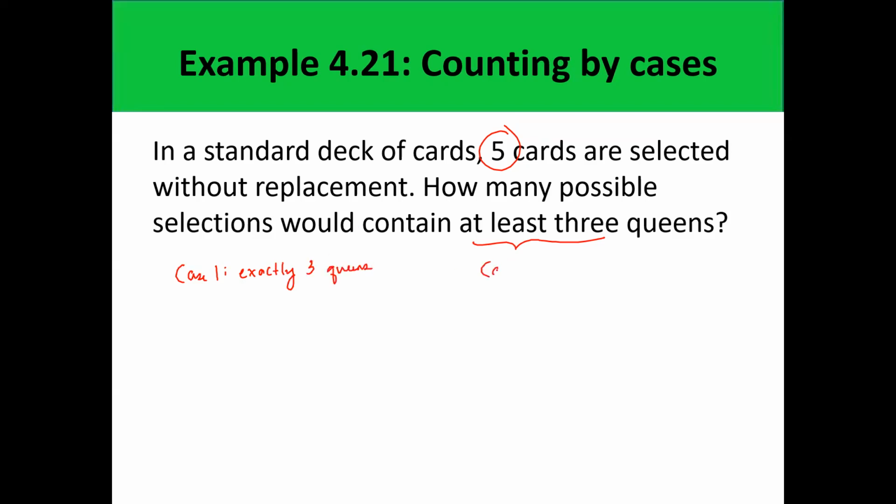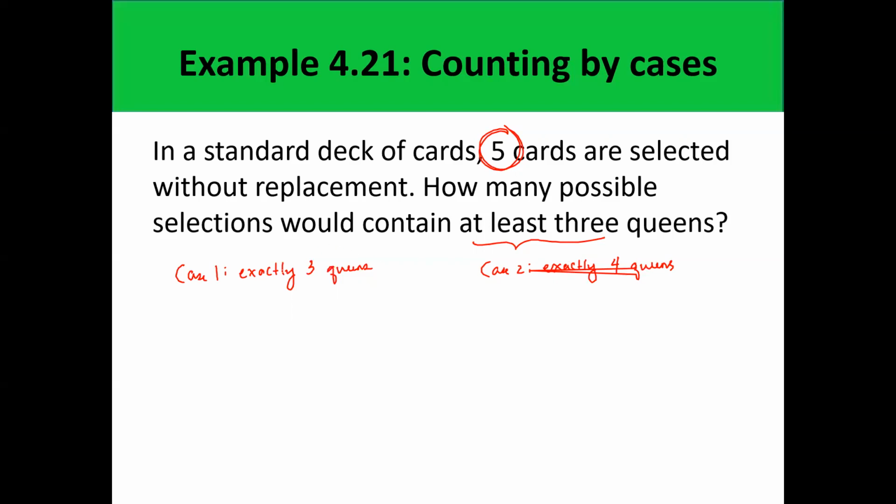And then case 2, we have the case wherein the 5 cards contain exactly 4 queens. These are the only cases because there is no case with exactly 5 queens, because the standard deck contains only 4 queens.